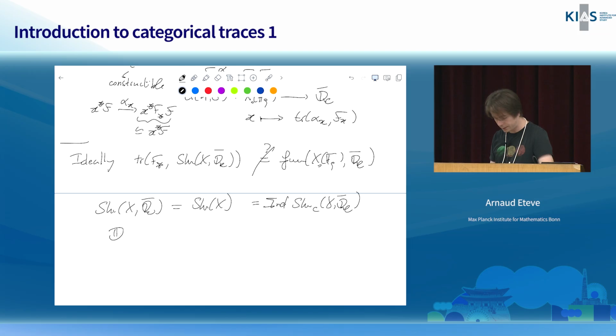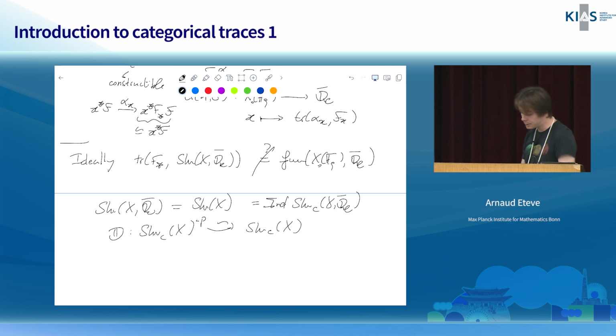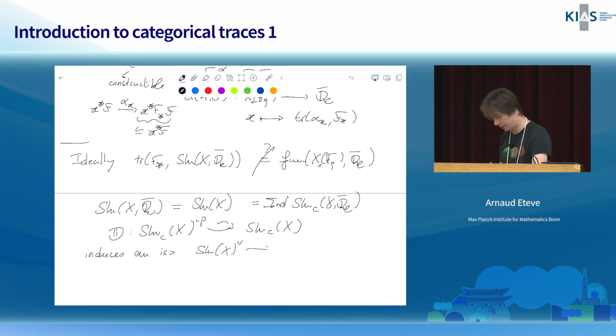And you have Verdier duality, which gives you a self-duality on this thing. And so it induces an isomorphism from sheaves X to its dual. Okay?